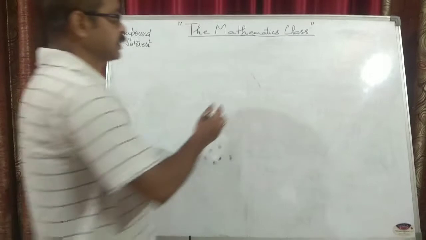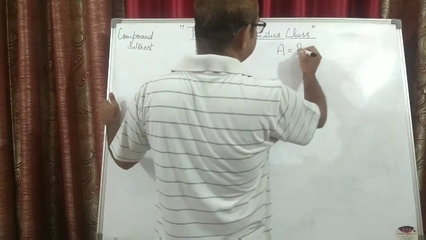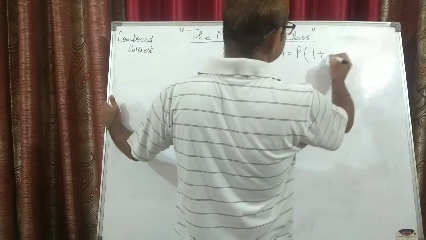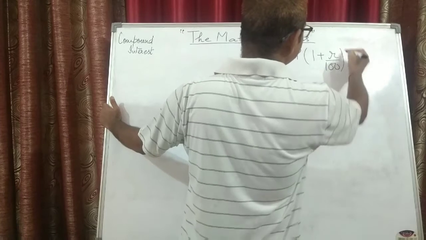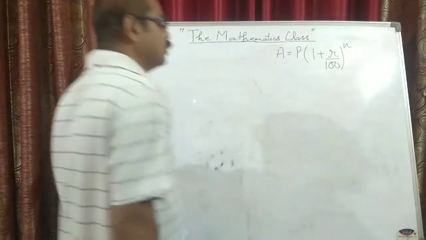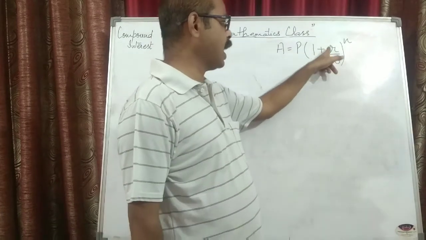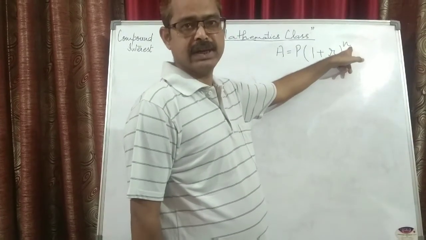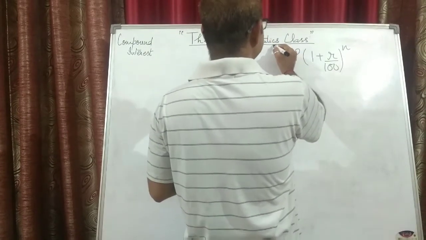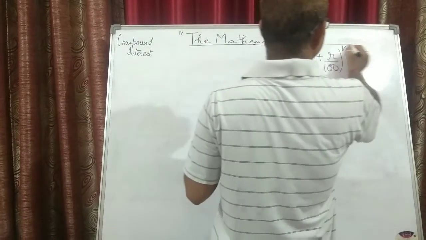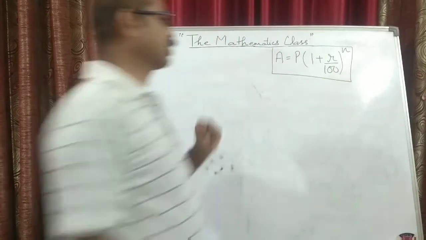Now the formula is A is equal to P (1 plus R upon 100) to the power N, where A is amount, P is principal, R is rate, N is time in years. This you all know. Now this is the formula which we need to practice, or revise, or work on.